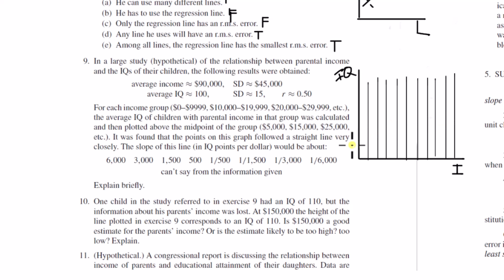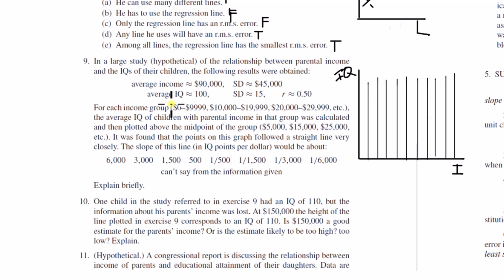But the regression line is going to go through those points as closely as possible. It's going to try and fit to those points as closely as possible. So this is the regression line they're talking about here, with income being the independent variable and IQ being the dependent variable.